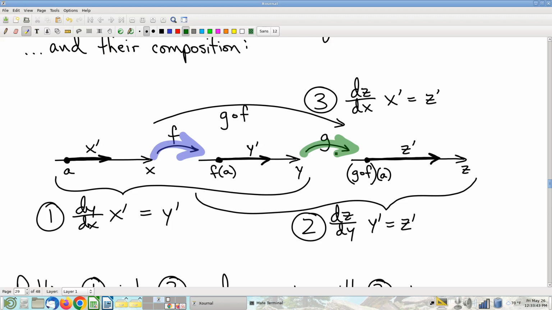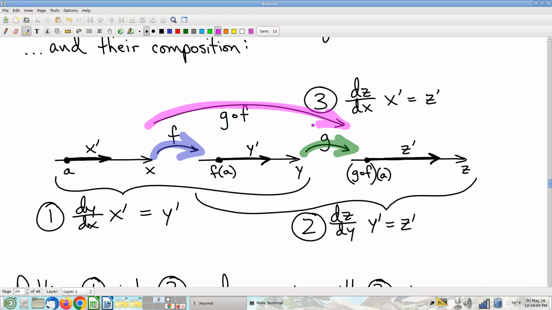If f turns x into y and g turns y into z, I can compose those functions. I can take the output from the first and make that the input to the second. Altogether then, I have a function that turns x's into z's. And this composition function is what I want to talk about the derivative of.